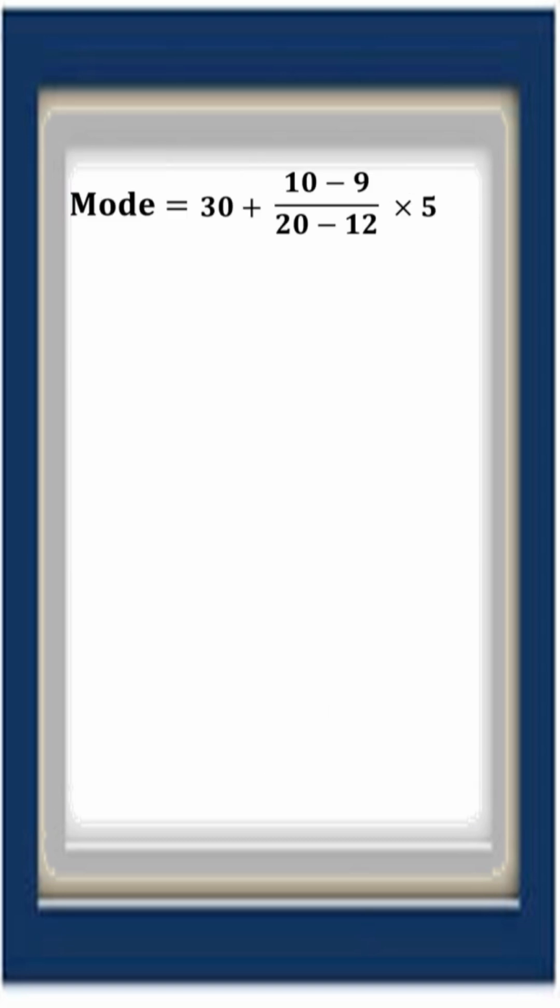So mode is equal to 30 plus (10 minus 9, that is 1) upon (20 minus 12, that is 8), into 5. So it is 5 by 8.